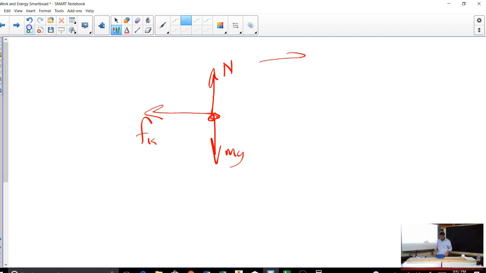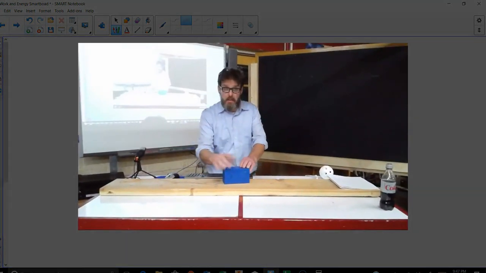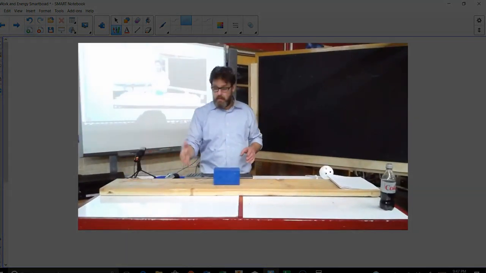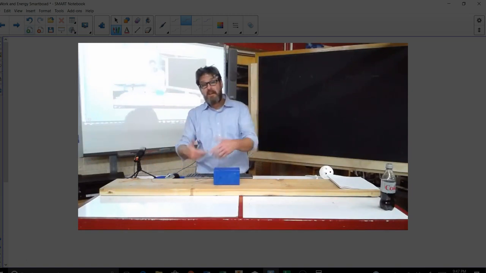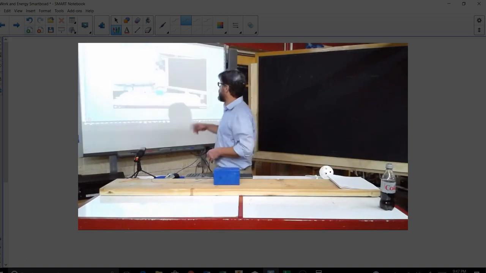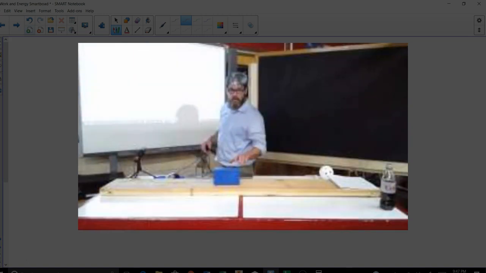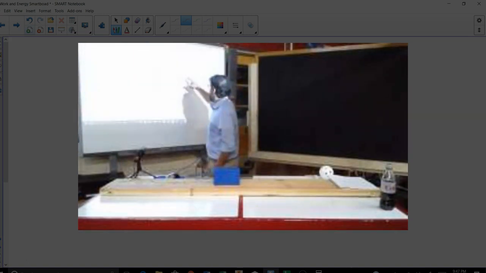Well, we can even call it positive, but for the work done, it doesn't matter, because it's definitely opposite the displacement. When it slides to a stop, friction's pushing this way, but it's moving this way while it stops. Right? Went from here to here. Displacement was that way. Friction was this way. Negative work.